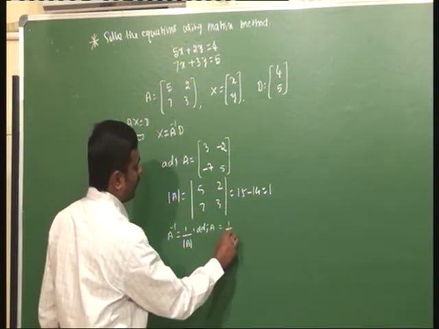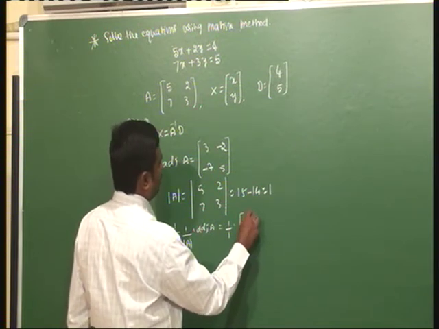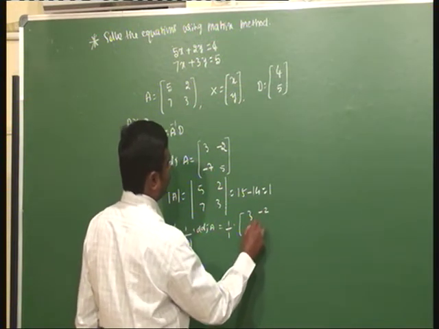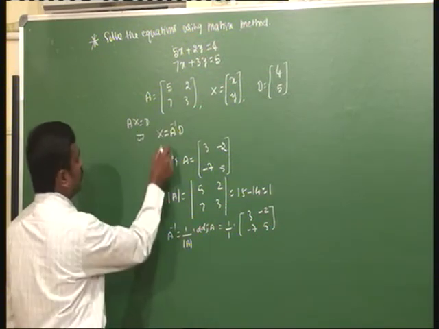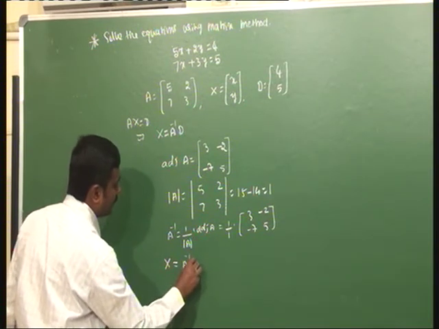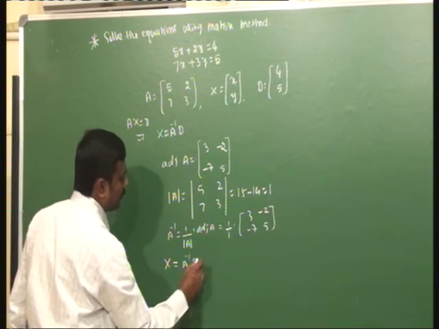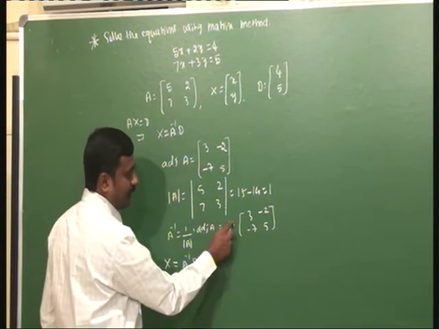Therefore, 1 by 1 into adjoint A is 3, minus 2, minus 7, 5. Now, therefore, matrix X is equal to A inverse into D. What is the value of A inverse? A inverse is equal to 1 by 1, which is nothing but 1.